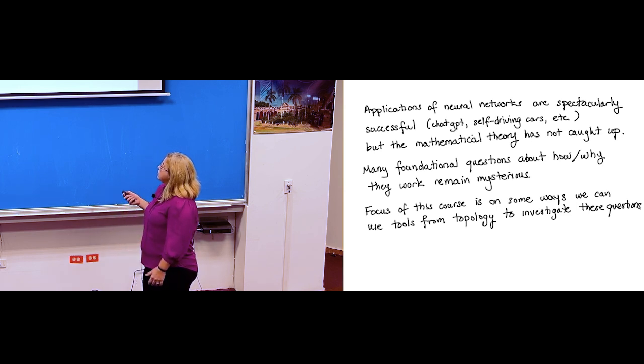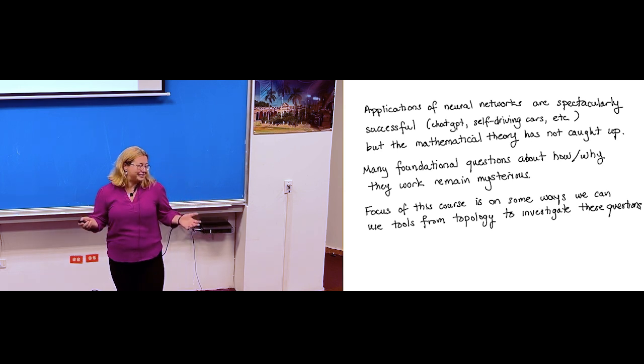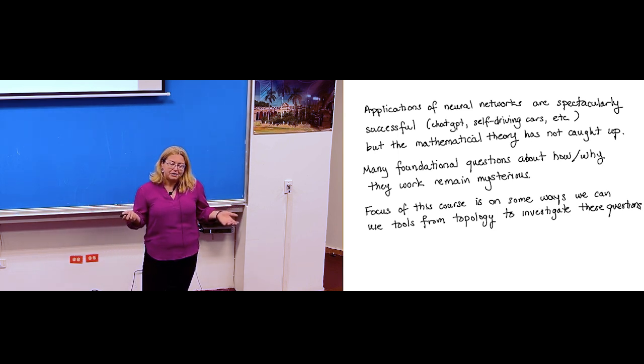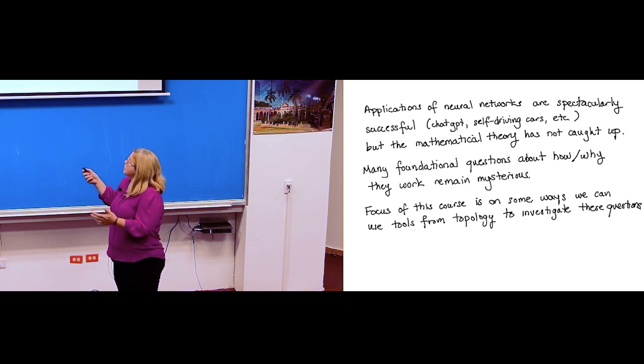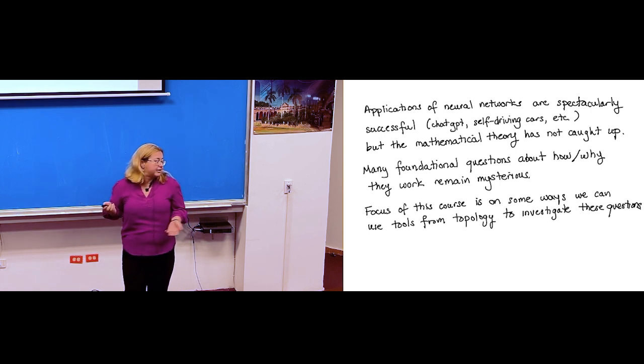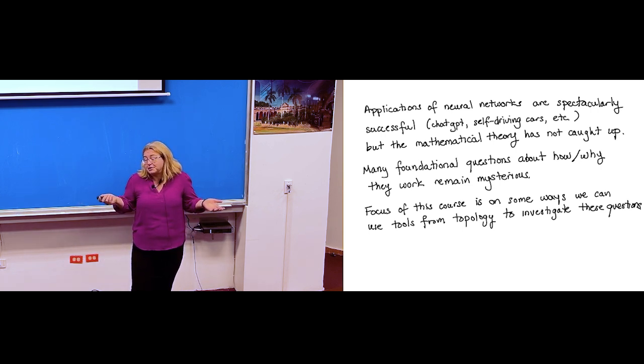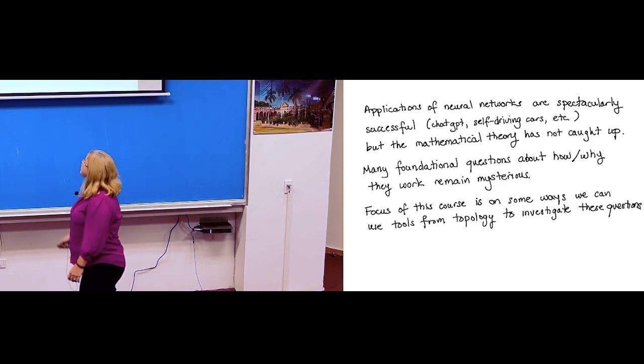So we, as topologists, have a very powerful set of tools. And so the question is, how can we use topological tools to try to open up the black box and understand a little bit of what's going on in neural networks?